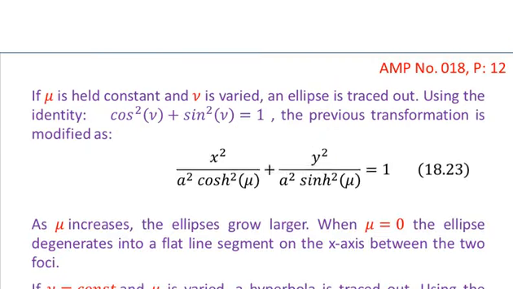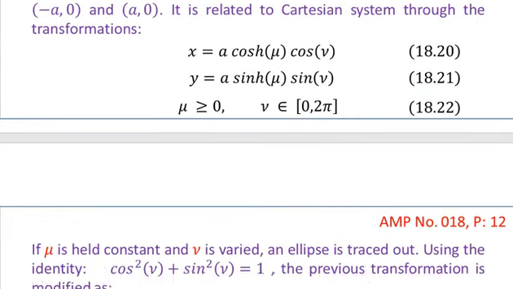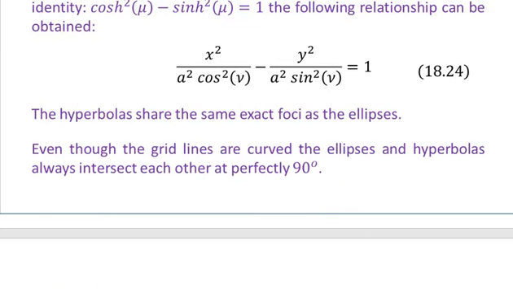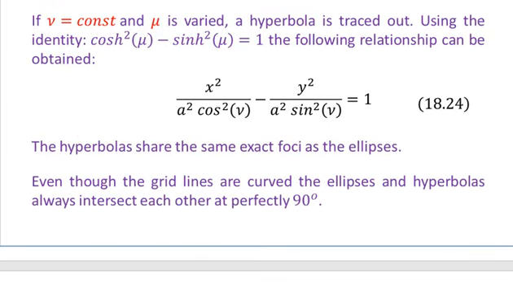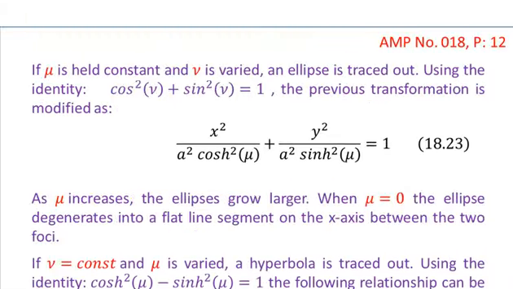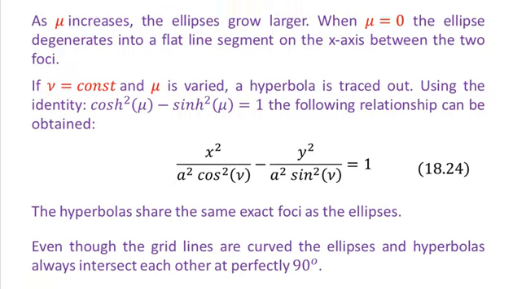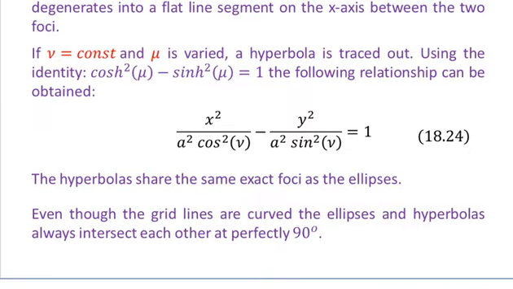That is, the relationship given in equations 20 and 21 will be modified as shown in equation number 24: x squared over a squared cos squared nu minus y squared over a squared sin squared nu is equal to 1. The hyperbolas share the same exact foci as the ellipses. So you know that this is the equation of an ellipse with a positive sign, and this is the equation of a hyperbola with a negative sign.